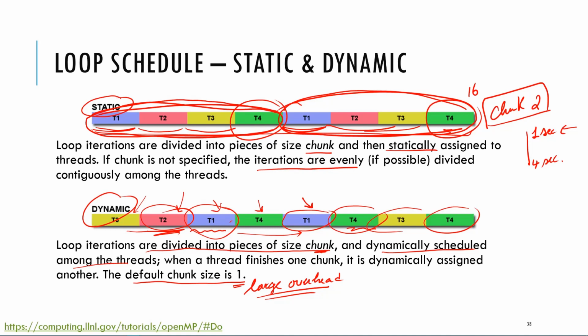And if you increase the chunk size very largely, then you won't benefit anymore from the dynamic approach. This is why it's by default set to 1. So even if you have very short loops of size 10, you would benefit somehow from this dynamic allocation, okay? But if you have very large loop sizes, let's say thousands or millions of iterations, then clearly you should opt for a much larger chunk size.